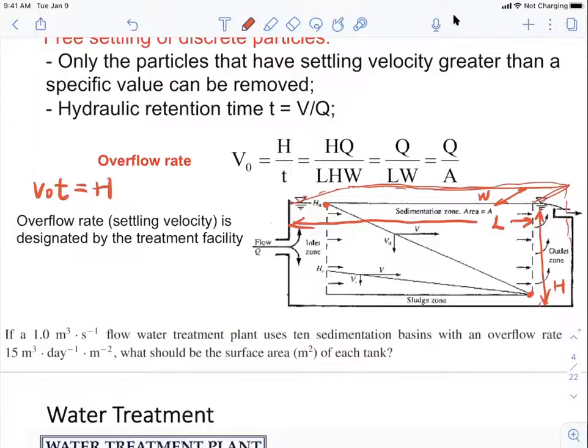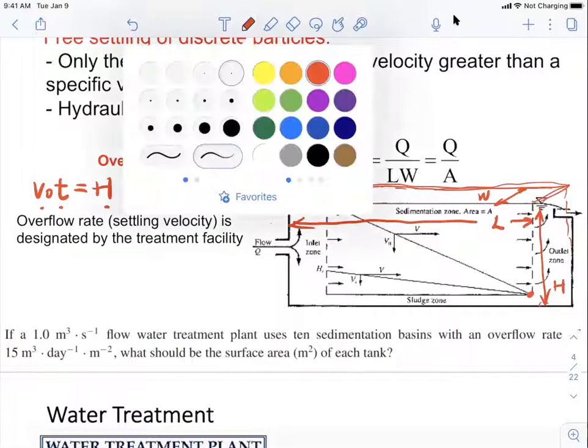So this is how the critical velocity is related to the time and the geometry of this basin. Further, we know that this critical velocity is calculated by H divided by t, similar to what has been written here. So what about the time? How do we solve for time?